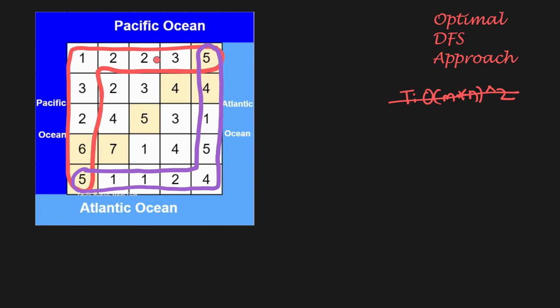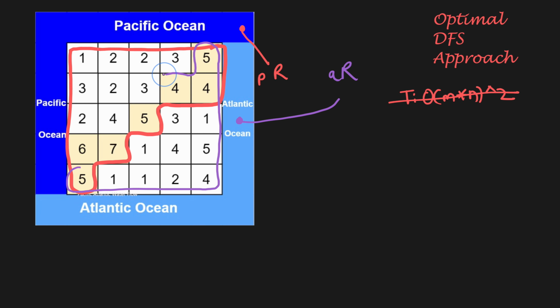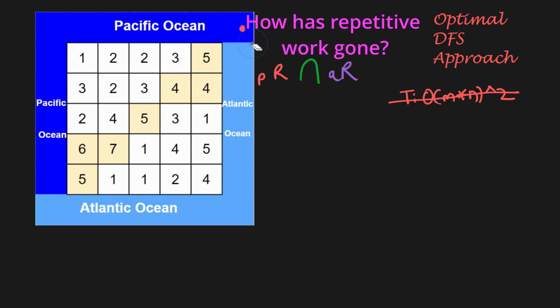As a result of each DFS, we will have two visited sets: set P, or Pacific reachable set, which may look something like this and contains all cells reachable by the Pacific Ocean, and set A, or Atlantic reachable set, which contains all cells reachable by the Atlantic Ocean. The intersection of these two sets are the cells which are reachable via both the Pacific and Atlantic Oceans. Now the repetitive work is gone.